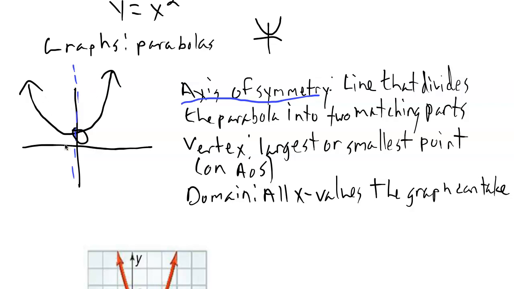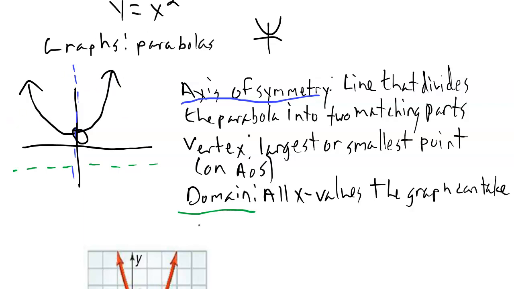So, right, we're looking at this. Our domain is anything it looks like our graph can take. So in this case, it looks like our graph with those arrows will go out both ways.